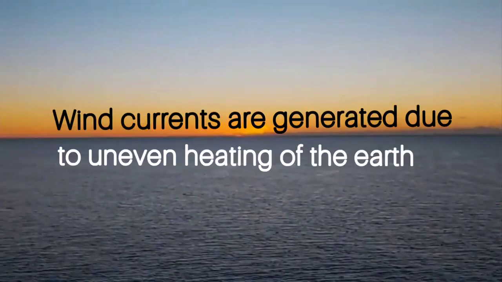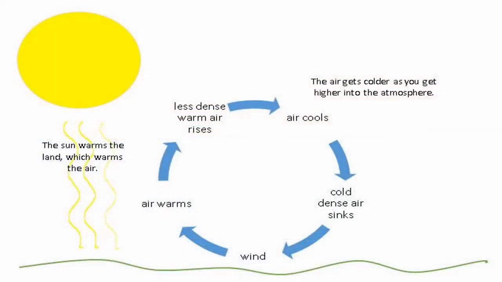Wind currents are generated due to uneven heating of the earth. In nature, warm air rises and creates an area of low pressure. The cold air from the surrounding areas rushes to fill its place.